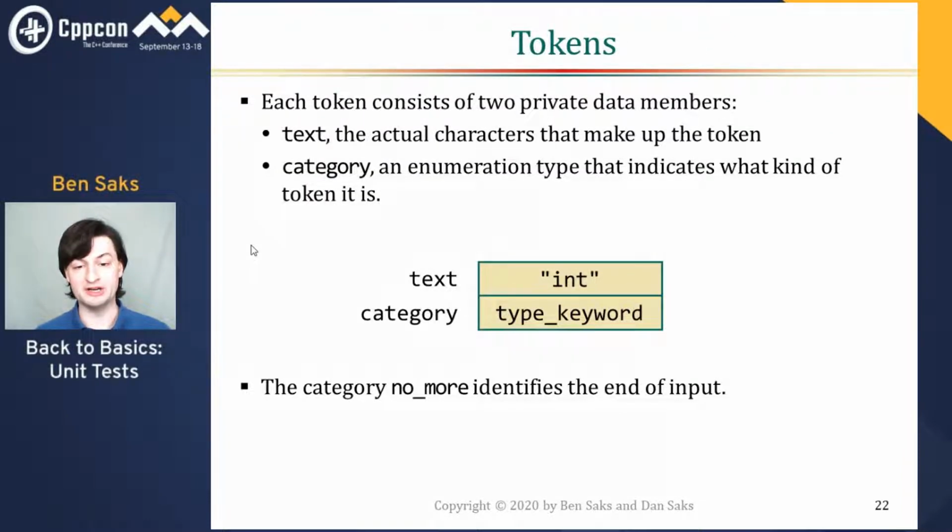So each token consists of two data members. There's the actual text of the token itself, and there's also a category that identifies what general kind of token this thing is. And so there's a special category, no more, that identifies the end of input. This isn't really a token, it's the indication that no more tokens exist.